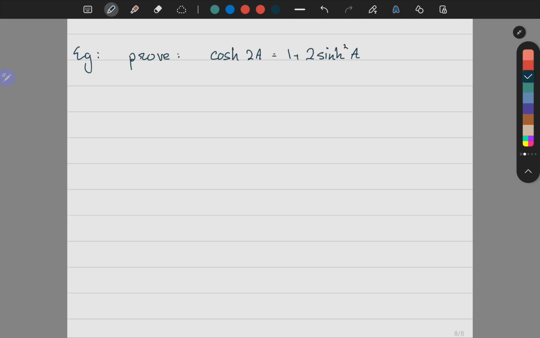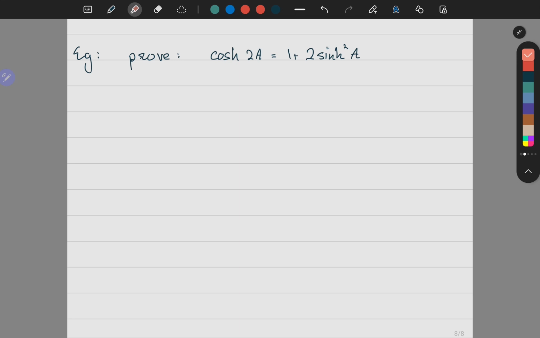Okay, so here's an example. Prove cosh 2a equals 1 plus 2 sinh squared a. This looks very similar to the one that we have in the trig counterpart. I'm pretty sure it's cos 2a equals 1 minus 2 sin squared a. Right, so now you've seen that here they've had to negate it.